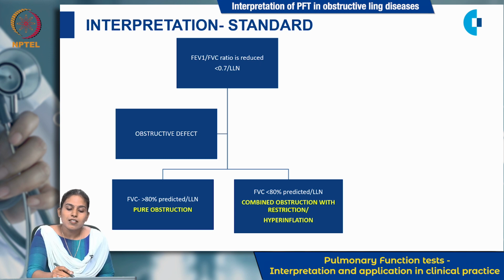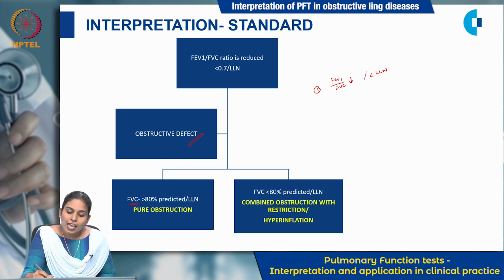What we first see is the FEV1 by FVC ratio, as I told you previously. As per the update, the FEV1 by FVC ratio is reduced, meaning it is below your lower limit of normal. If you observe this as the first step, then it means the person is having an obstructive defect. Next we have to see your FVC.